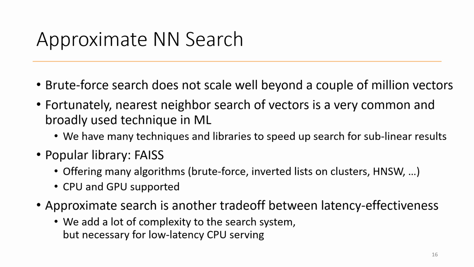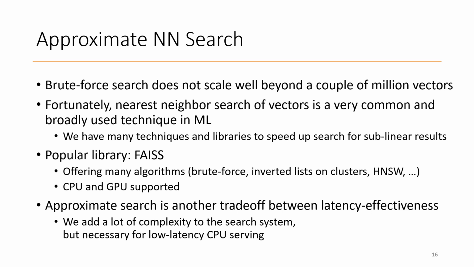A very popular library that I want to mention is FAISS, which offers many algorithms baked into it, such as brute force or inverted lists based on clusters, or HNSW, which are all approximate nearest neighbor search algorithms. FAISS supports both CPU and GPU, and we have a very good experience using it.